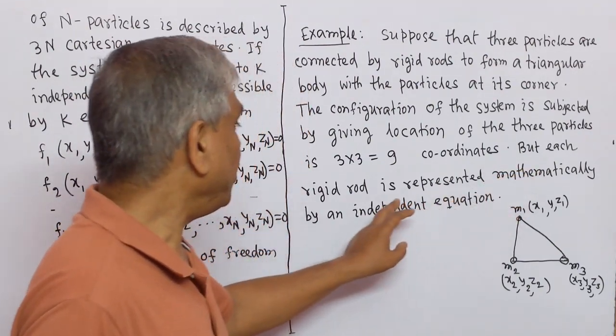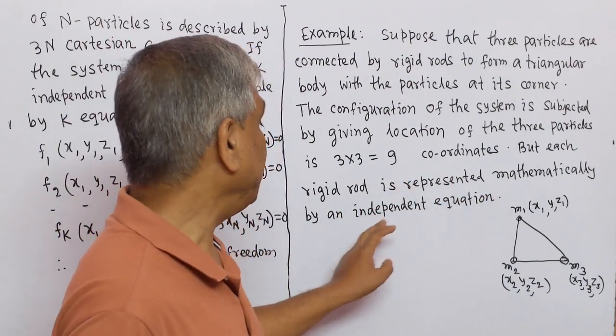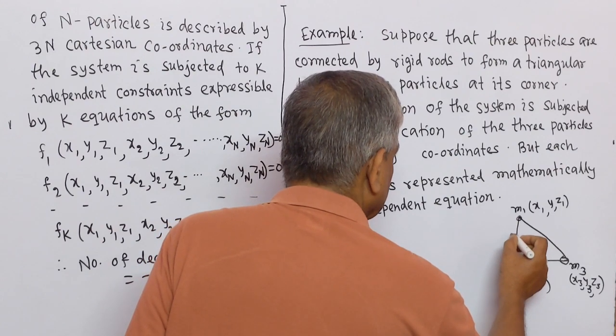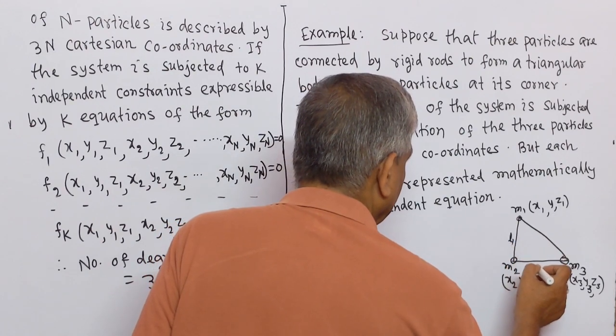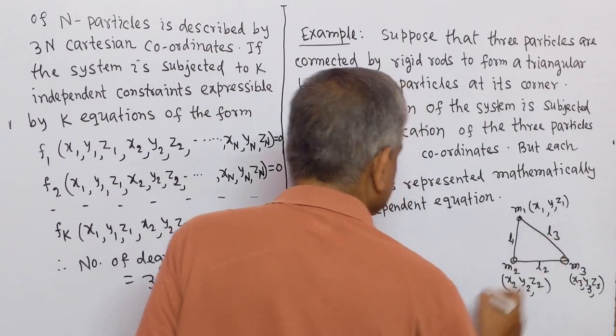But each rigid rod is represented mathematically by an independent equation. Let the length of the rigid rods be L1, L2, L3.